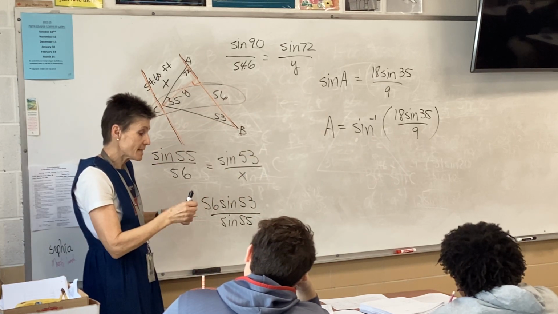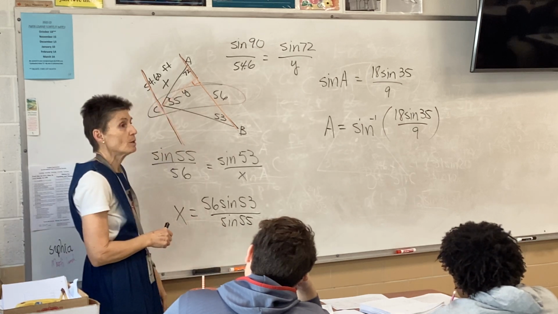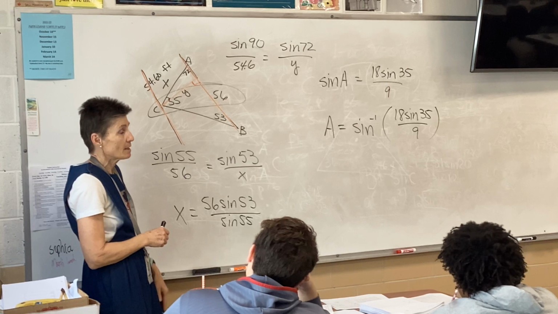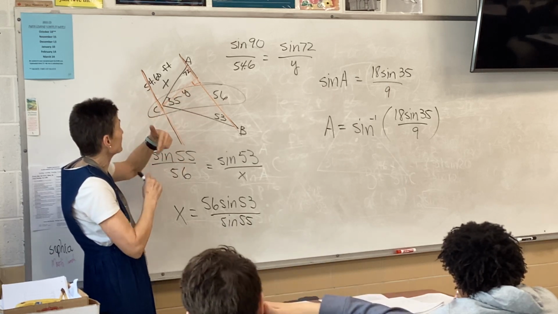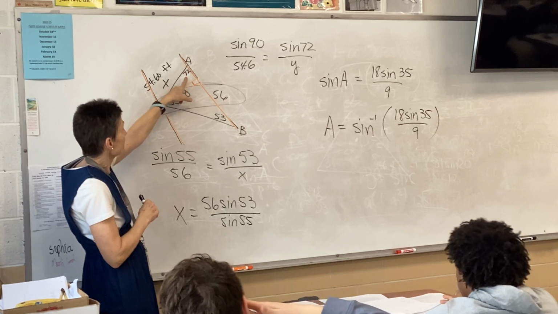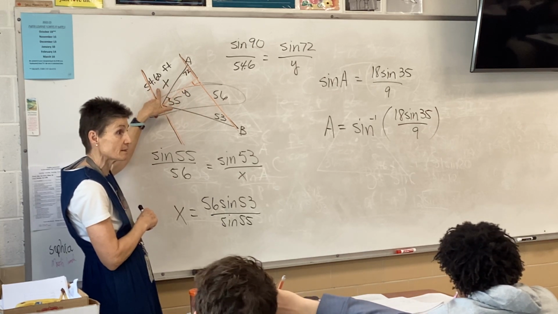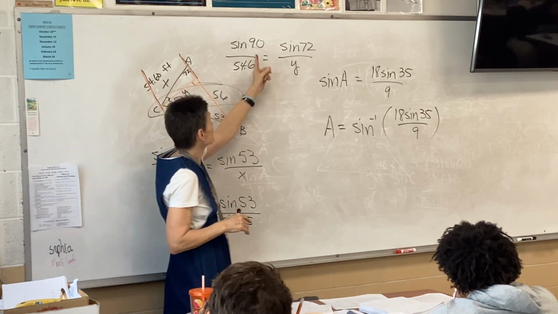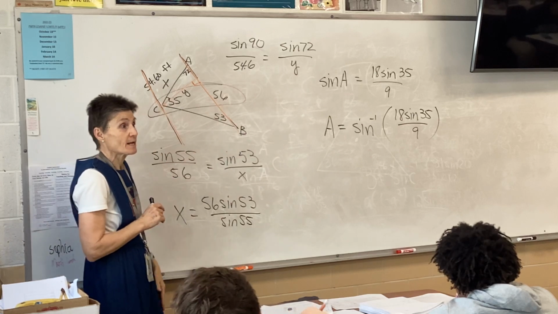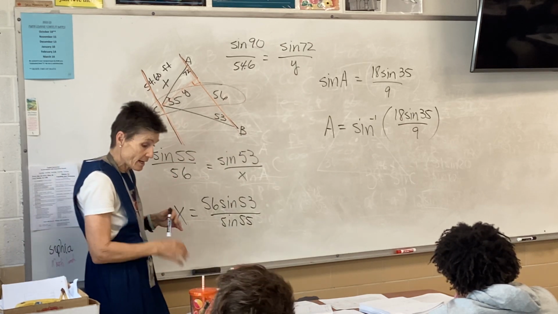Now, because that's a right triangle, I could also SOHCAHTOA it. I could use SOHCAHTOA up here and say something like sine 72 equals y over 54.6. That will work out fine. Sine of 90 is just 1, so it makes everything work out well. All right, let's go ahead.